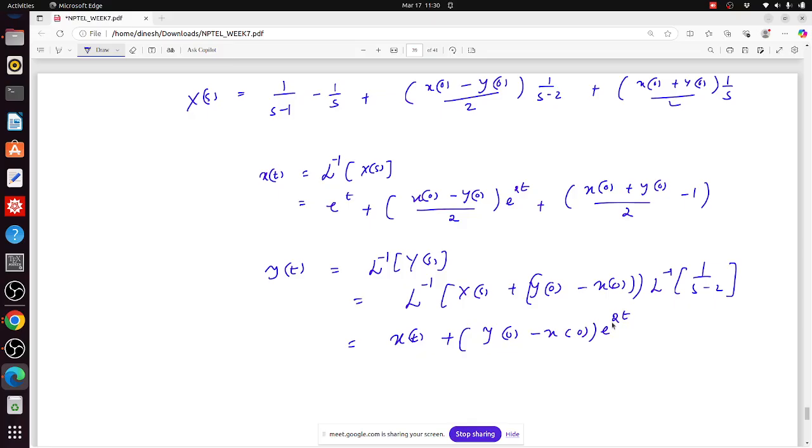So on substituting x(0) equal to 2 and y(0) equal to 0, here x(t) is e power t plus e power 2t.